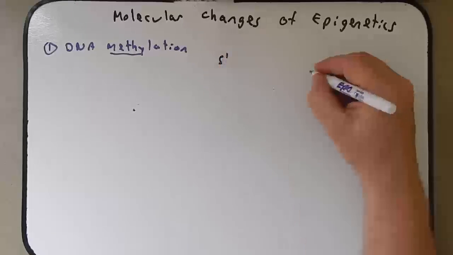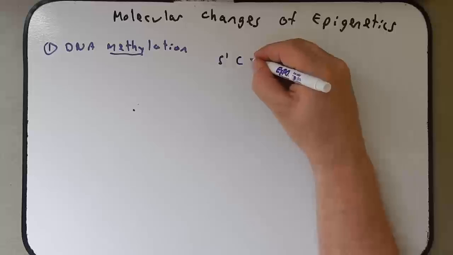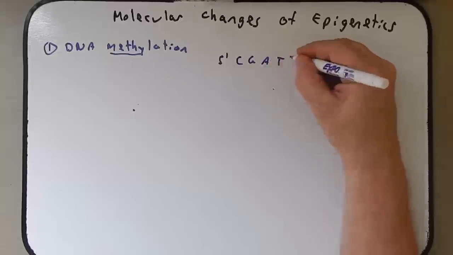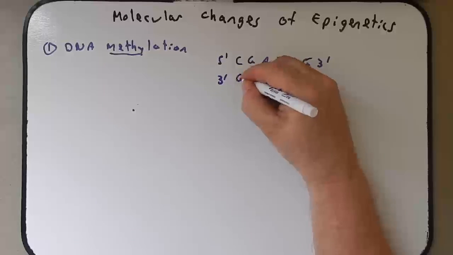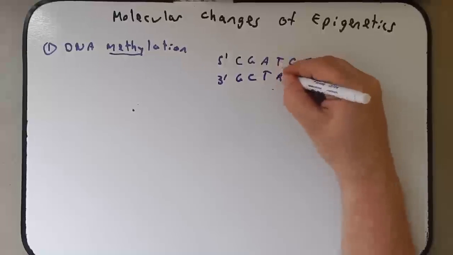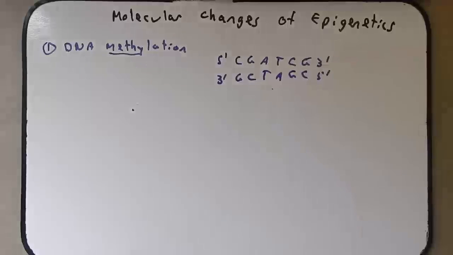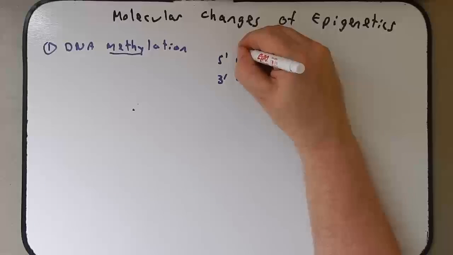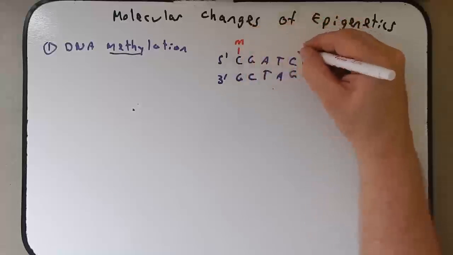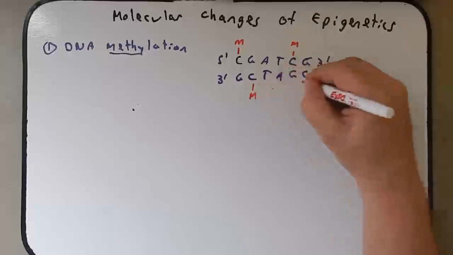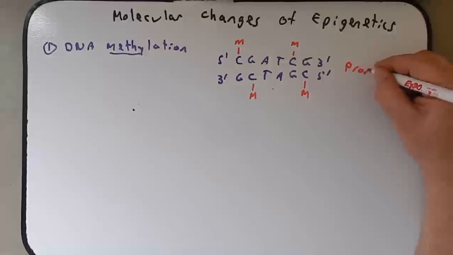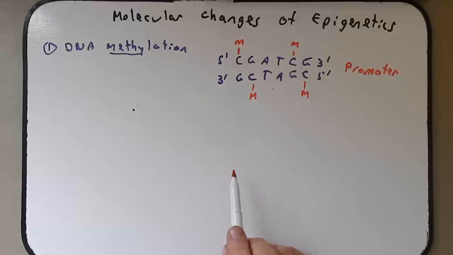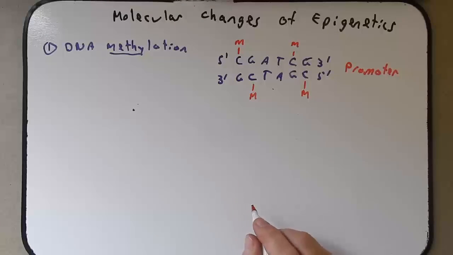So if we have from 5' to 3', say a CG, AT, CG, and then of course the corresponding strand below, GC, TAGC, methyl groups are added specifically to the cytosines and only the cytosines. Typically, these are added to cytosines in promoter regions. In these areas where methyl groups are added, this will cause downregulation of the gene.